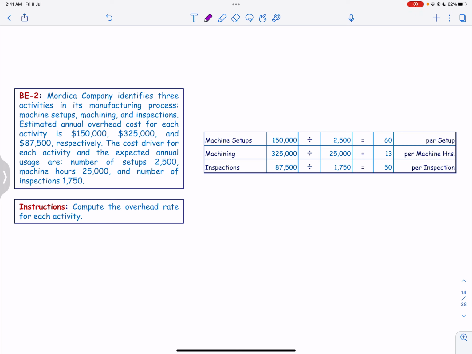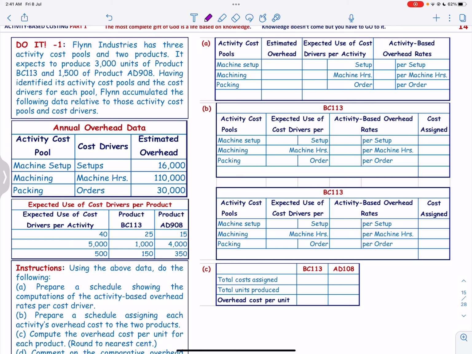Let us go into another exercise. Flynn Industries has 3 activity cost pools and 2 products. It expects to produce 3,000 units of product BC113 and 1,500 of AD908. Having identified its activities, cost pools, and the cost drivers for each pool, Flynn accumulated the following data relative to those activity cost pools and cost drivers.